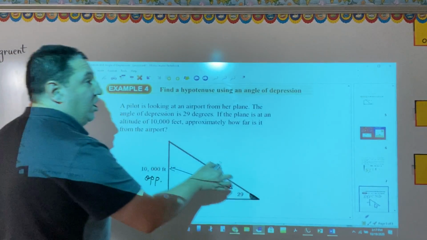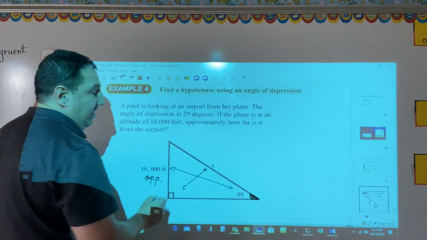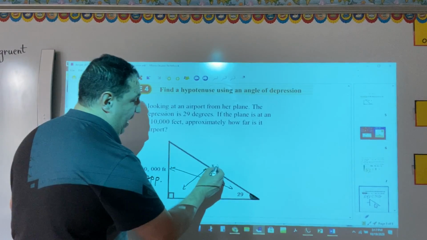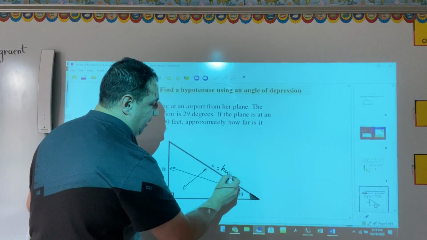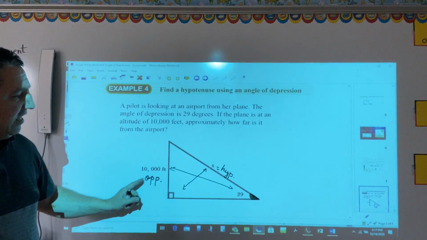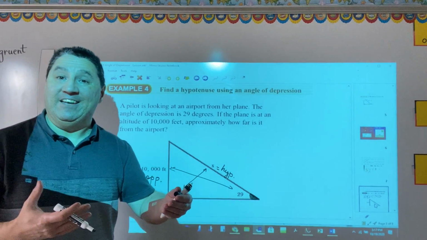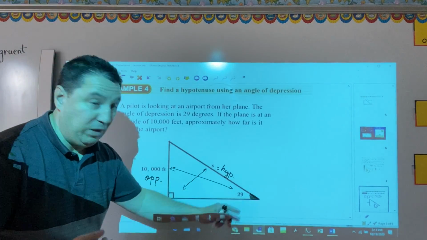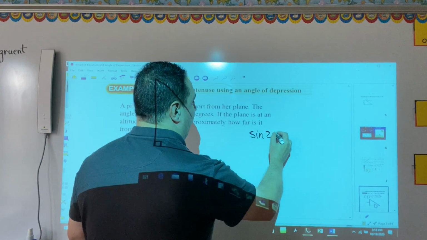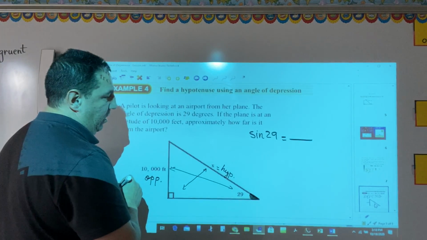The side that we are looking for is the longest side of the right triangle and is opposite to the right angle. That's why x would be the hypotenuse. So, because the opposite side and hypotenuse are given, we use sine of angle 29, right? So we can write sine of 29 equals the ratio of opposite to hypotenuse.